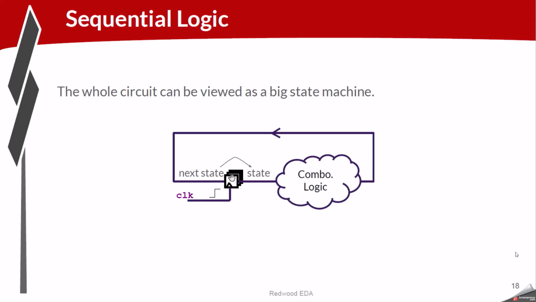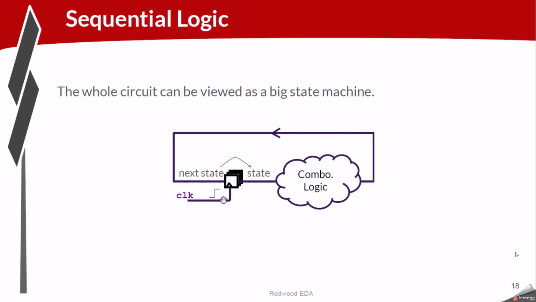We can view your sequential circuit in its entirety as a big state machine. The combinational logic that we looked at before, where you have some set of input bits, and those input bits propagate through logic gates and very quickly result in output bits. Now those output bits we can look at as our next state values.